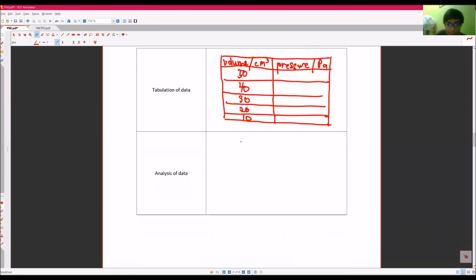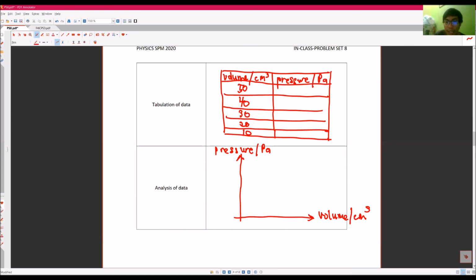For the analysis of data, make sure you draw the axes with a ruler like usual. Pressure, label the axis with unit, volume. Okay, so that's all for this question.